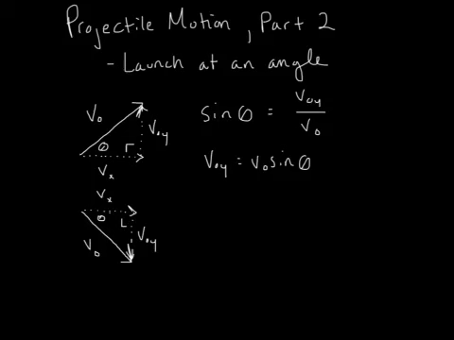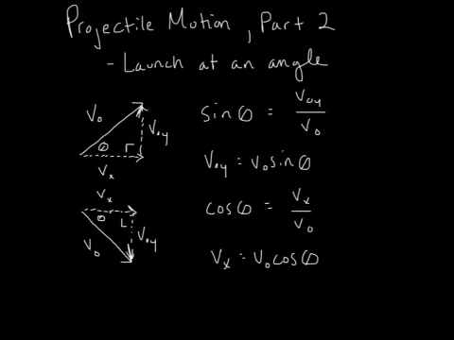And for the picture on bottom there, that would have to be a negative value. For this picture on top, that would be a positive value, but they both equal V0 sine theta. And for our Vx, since it's adjacent, we can say that cosine theta will equal Vx over V0. So Vx will always equal V0 cosine theta.